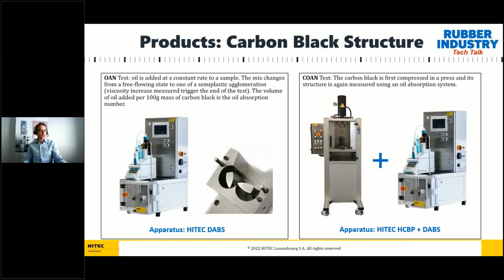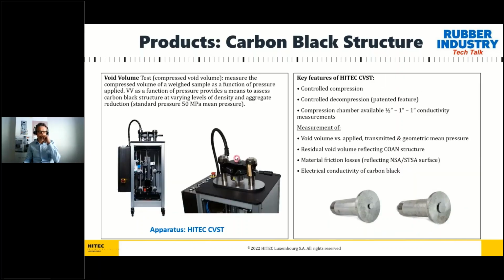We go to the next slide and to the third unit that is used for carbon black structure characterization. In this case, we have a void volume tester, and we measure the compressed volume of a weighed sample as a function of pressure applied.